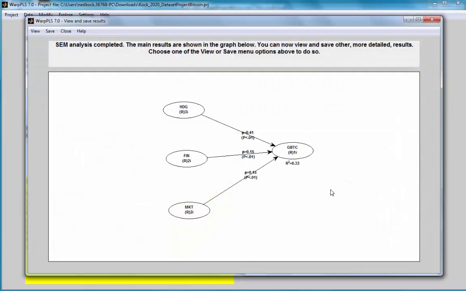Here are my results. What these results are telling me is that when the effects of these three variables on Bitcoin are considered and controlled for one another, I can see that Bitcoin is much more strongly associated with hedge than with financials and market, and that the association with these two is relatively small compared to this one, but positive.